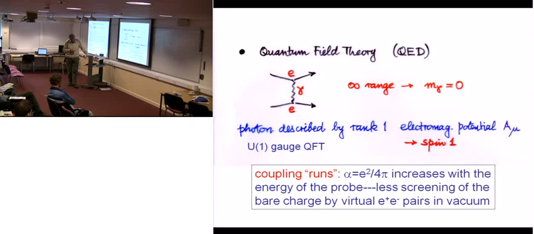So as you probe a charge, getting closer and closer to the charge, the vacuum polarizes into e+ e- pairs, and as you get closer to the charge, you get less and less screening from these vacuum e+ e- pairs, and so the charge increases.